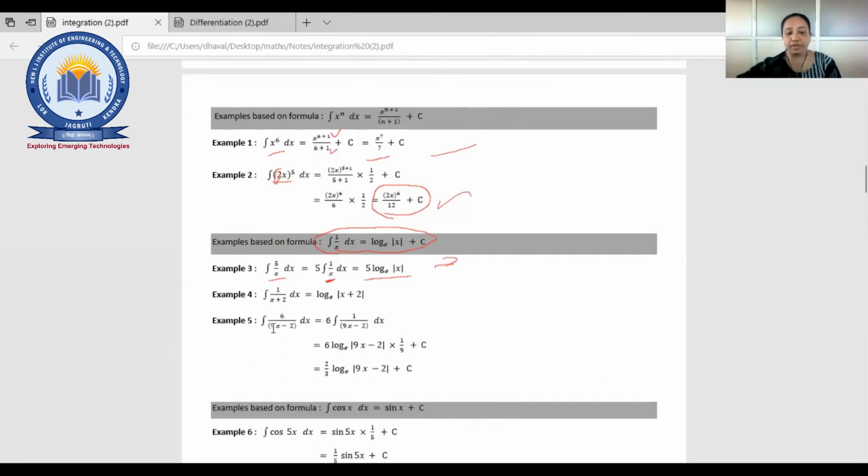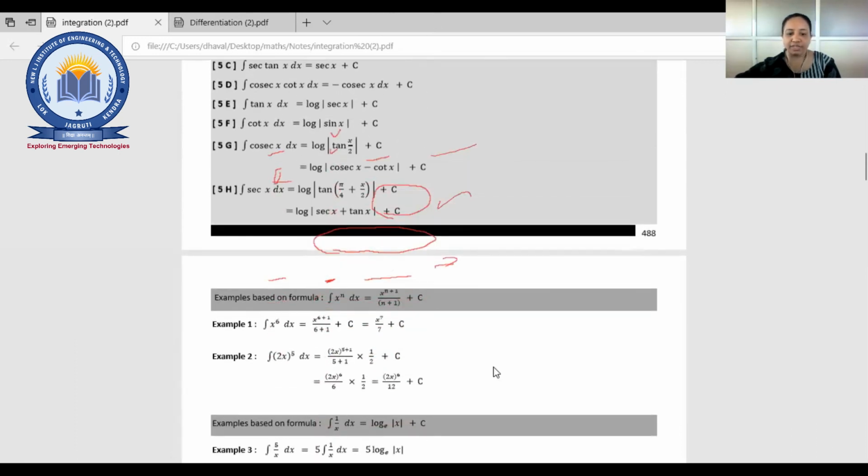Now, example 5. This example is something different. It is 6 upon, that means instead of 1 by x there will be a 6, and in the denominator there will not be simply x. It is 9x minus 2.